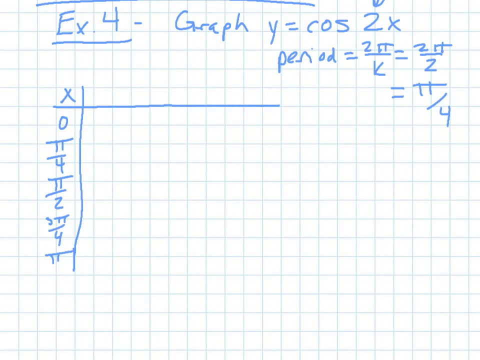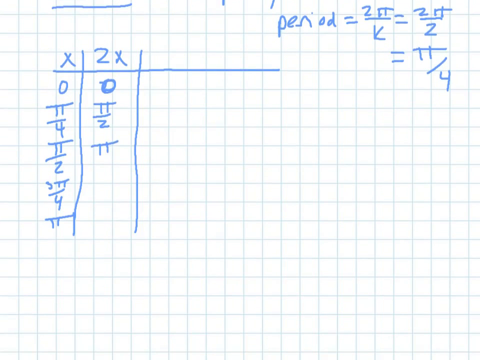Okay, so that gives me my 5 values. Then I need to multiply them by 2, which is that first part of the cosine. So 0 times 2 is 0. Pi over 4 times 2 is 2 pi over 4, which is pi over 2. 2 times pi over 2 gets me pi. 2 times 3 pi over 4 gets me 6 pi over 4, which reduces to 3 pi over 2.